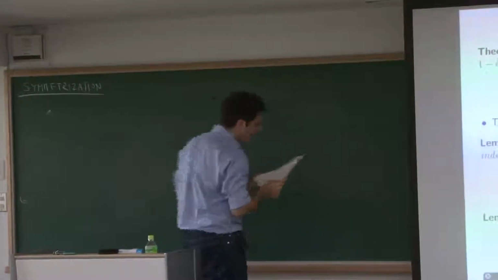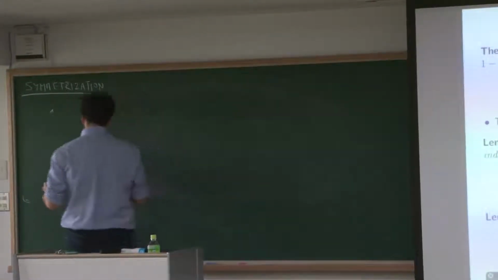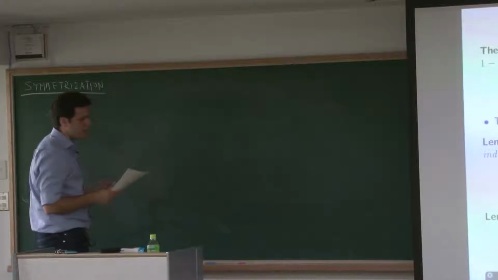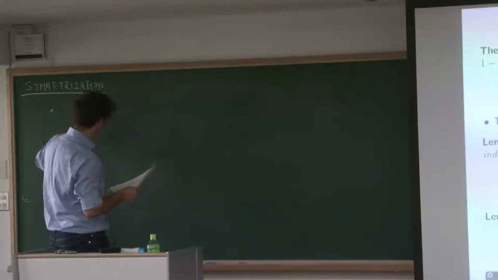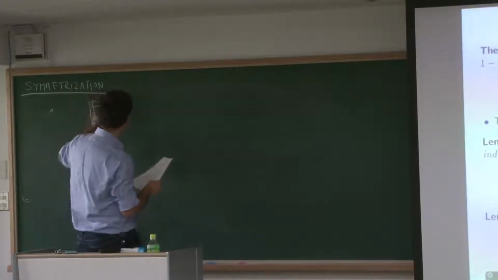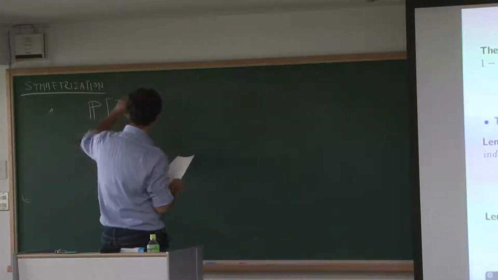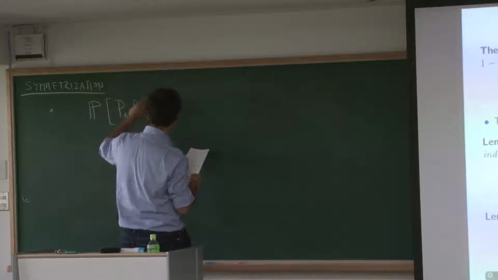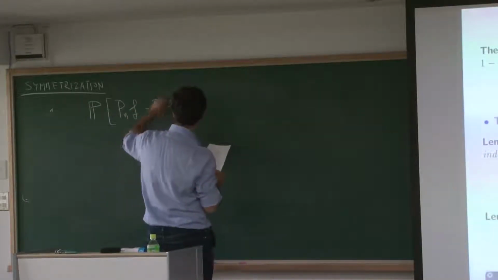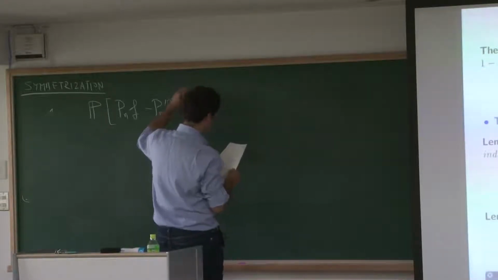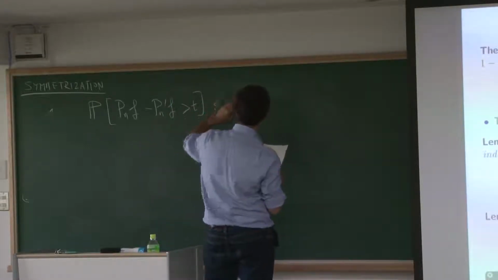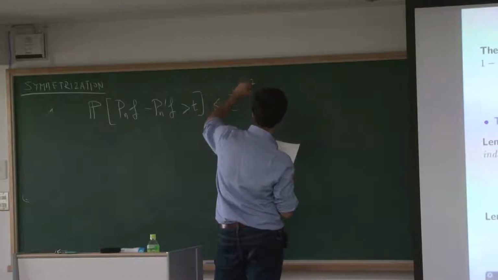So what we can now use is, well, here I'm assuming that you can reuse Hoeffding's bound in a slightly different way, which is the probability with respect to the first sample, the deviation with respect to the second sample, the fact that this is bigger than t is smaller than exponential minus nt squared divided by 2.